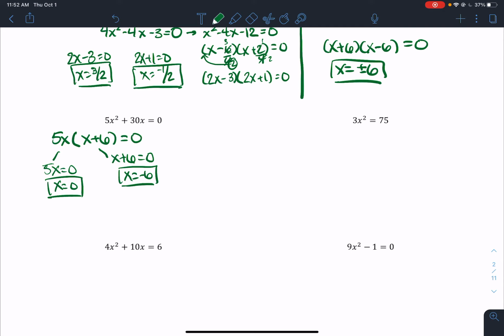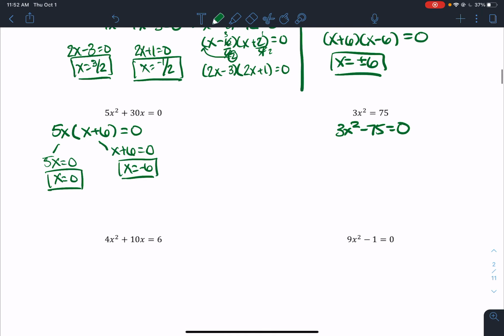3x squared minus 7 equals 75. So make one side equal to 0. I have a GCF of 3 here, so I have 3 times x squared minus 25 equals 0. You should recognize this pattern as a difference of two squares. Okay, so 3 times x plus 5 times x minus 5.